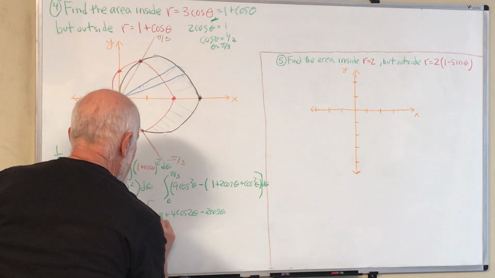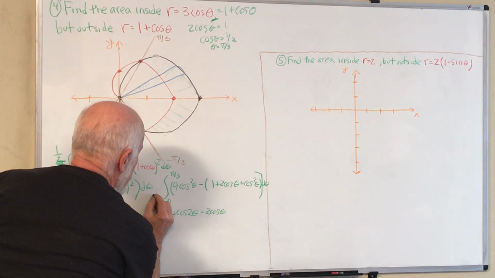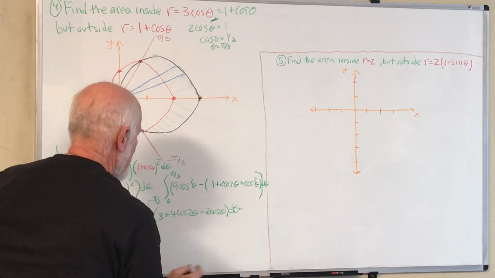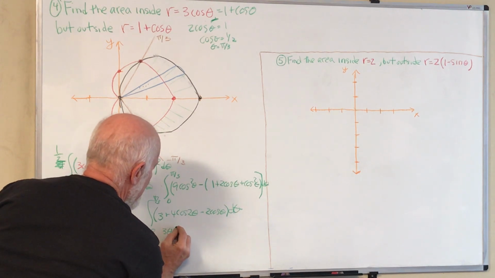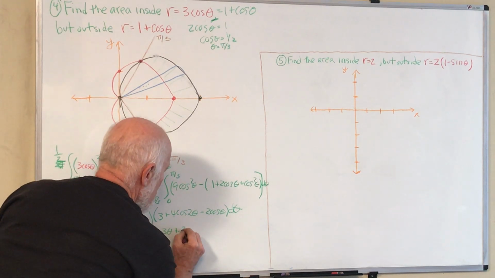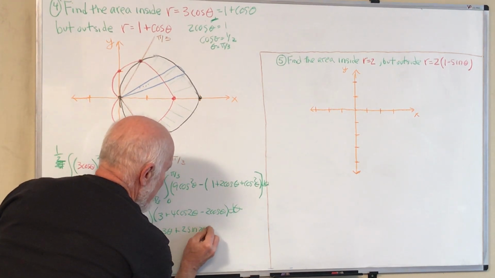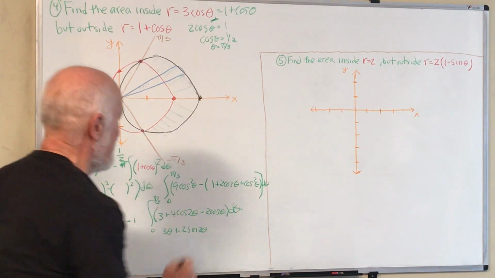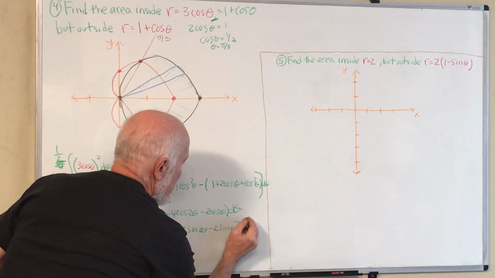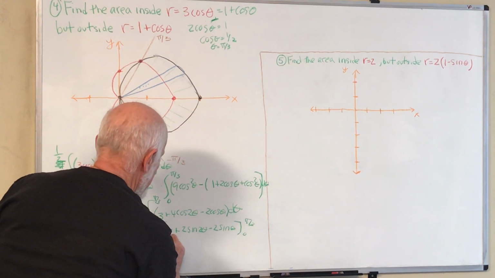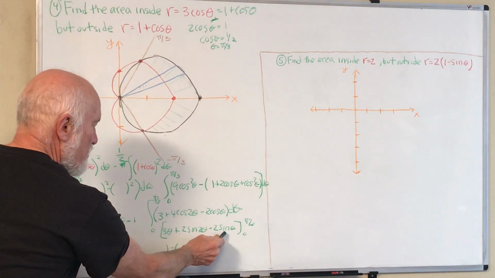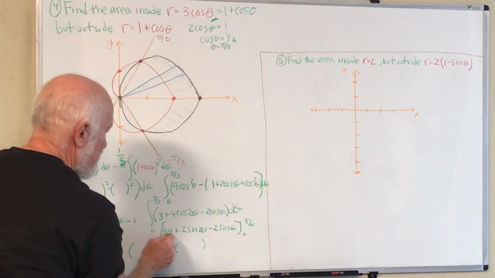Okay, so now you're going to take the integral of that from 0 to pi over 3 d theta. So you get 3 theta plus 4 sine of 2 theta over 2, so 2 sine of 2 theta, and then minus 2 sine of theta. And you're going from 0 to pi over 3. Well, 0 is going to give you nothing. Sine of 0, sine of 0, 0.